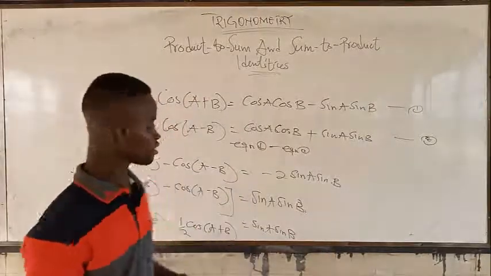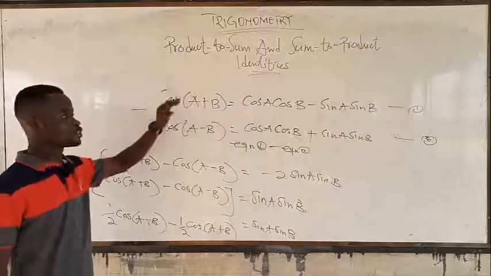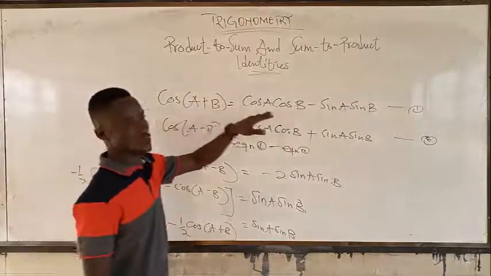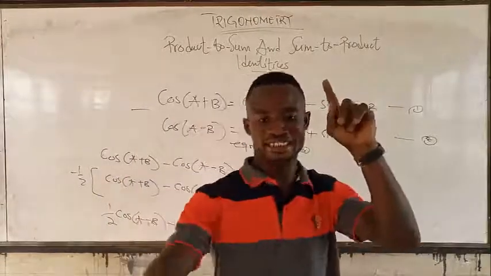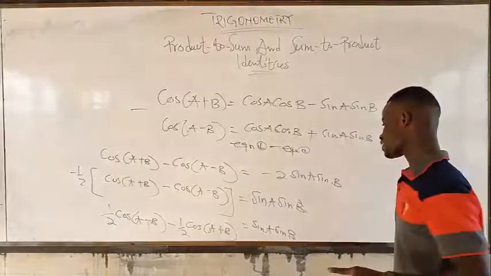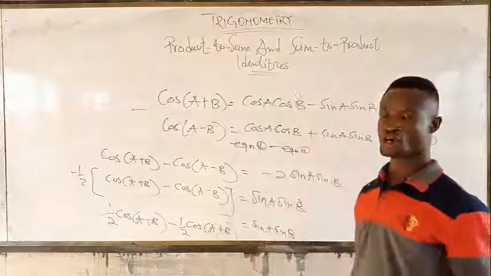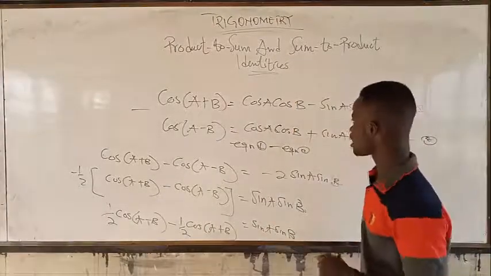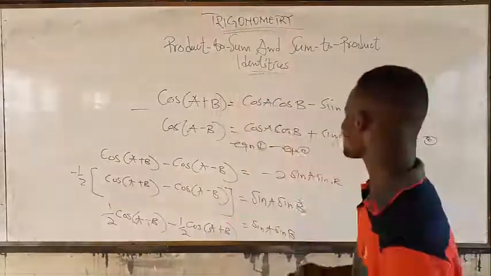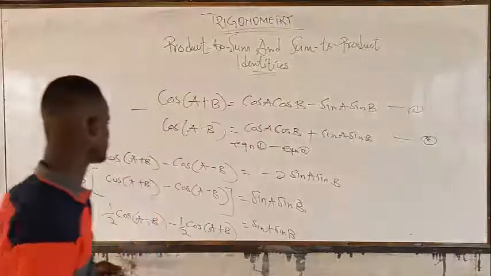So now you can see that we have used the identity for cos A plus or minus B to get two identities: the product of sine A and sine B and the product of cos A and cos B. Alright, what about the use of these two identities?